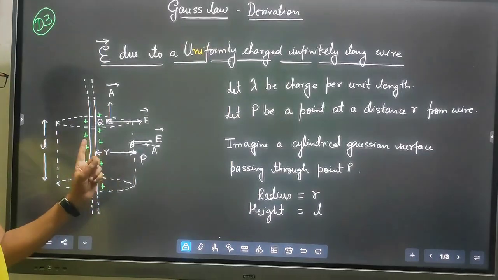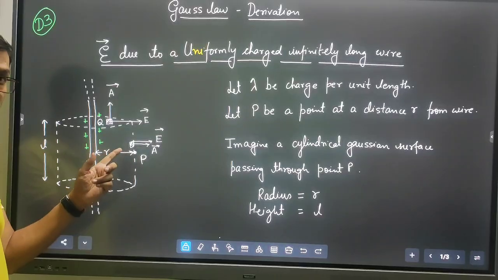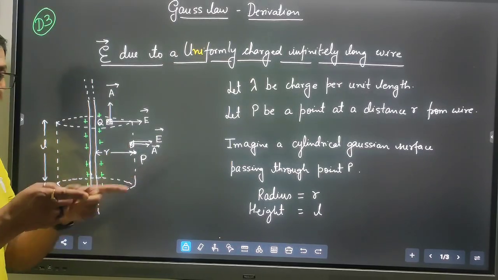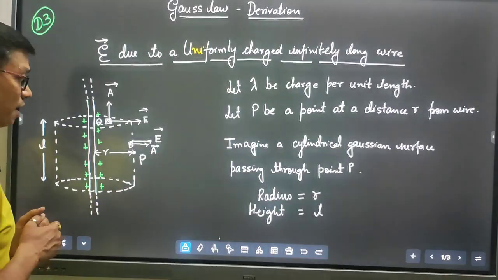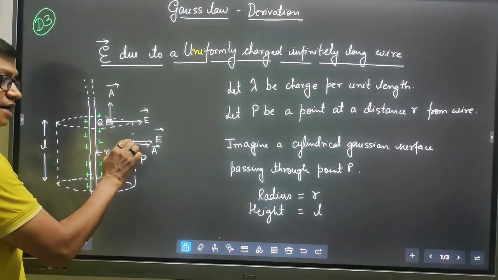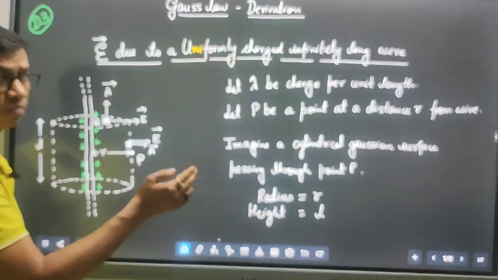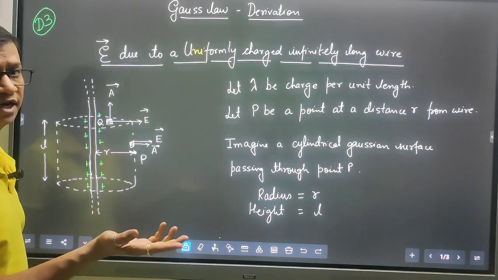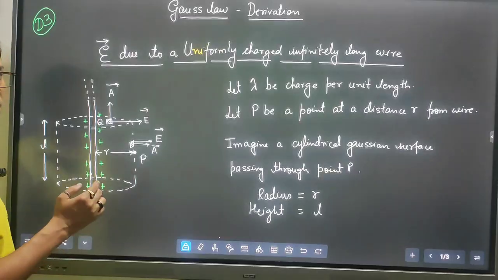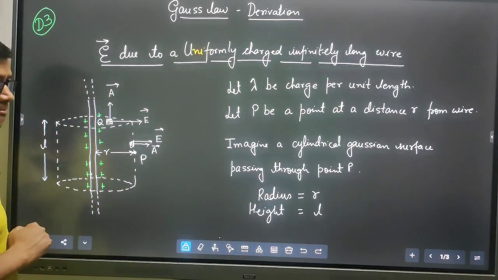Because of this symmetry, we can say the electric field at all the points will be the same, uniform, and it will be radially outwards. Now, if you consider any small area, the electric field would be radially outwards, and the area vector, we know, is always normal to the surface, so that will also be radially outwards. So the angle between the E vector and the A vector will be 0 throughout this curved surface.